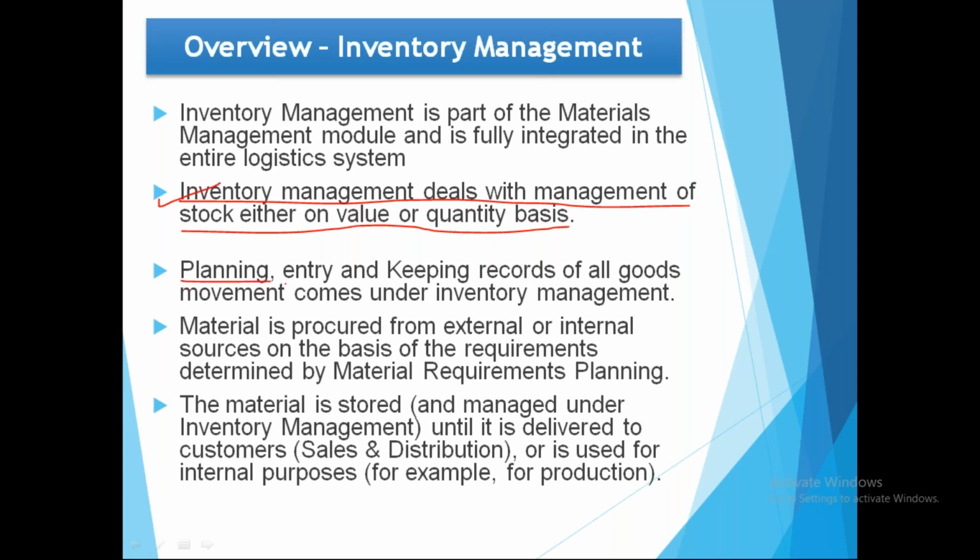Planning, entry and keeping records of all goods movement comes under inventory management. So basically how you are planning your goods movement, how you are entering it, how you are keeping the records, all those things come under your inventory management. Normally in the industry, a material can be either procured externally, from suppliers or vendors, or it can be produced in-house, from internal resources.